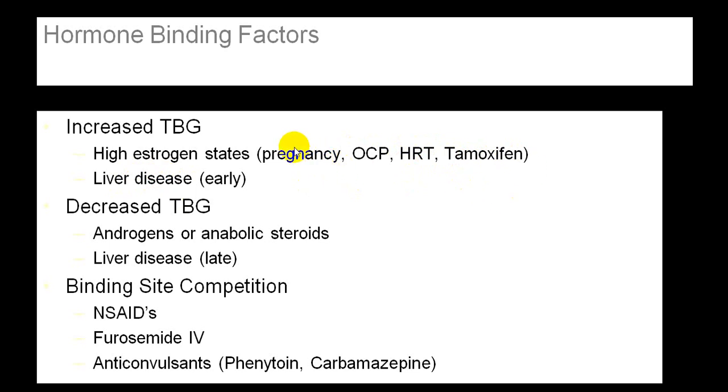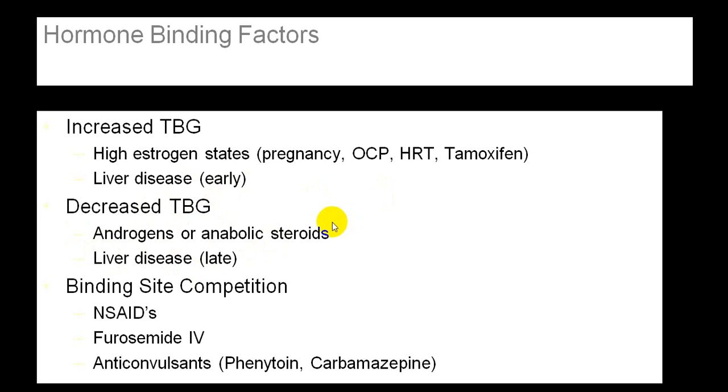But most common are pregnancy, oral contraceptive pills, hormone replacement, and liver disorders. In these conditions TBG is increased, while in a person on anabolic steroids and in late-stage liver disease, TBG will be reduced.